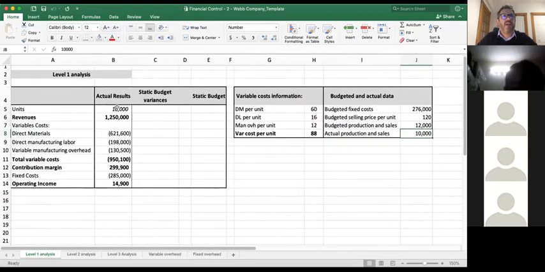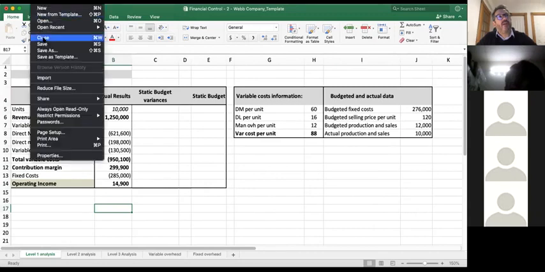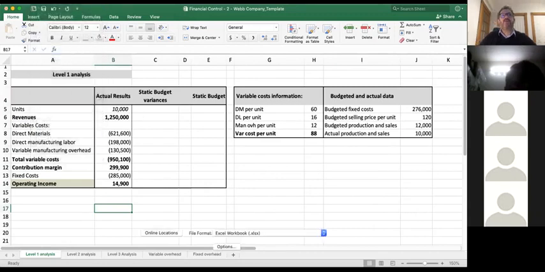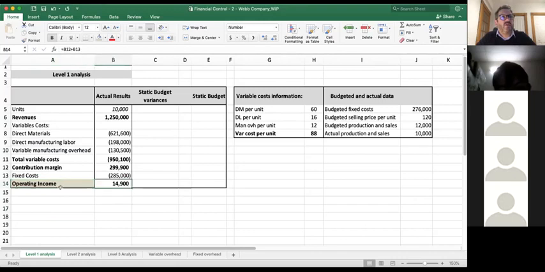Here you have a structure of the income statement that stops at the operating level, because we said we don't go further. I'm going to save it as a WIP, work in progress. You have the information about the actual results. We sold 10,000 units. The revenues have been 1,250.